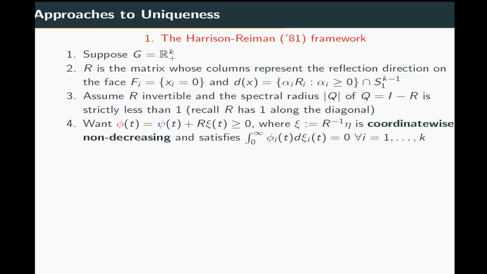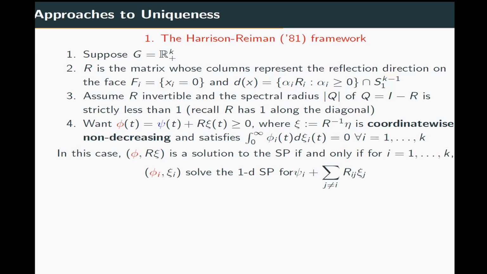Then really the Skorokhod problem says I want phi(t) = psi(t) + R of psi(t), where psi, which is just R inverse of eta, is coordinate-wise non-decreasing and satisfies this. I'm just translating what the old Skorokhod problem said in this particular case. And so in this case, how would you try to prove uniqueness now? You can't use the Tanaka trick, so what do you do here?